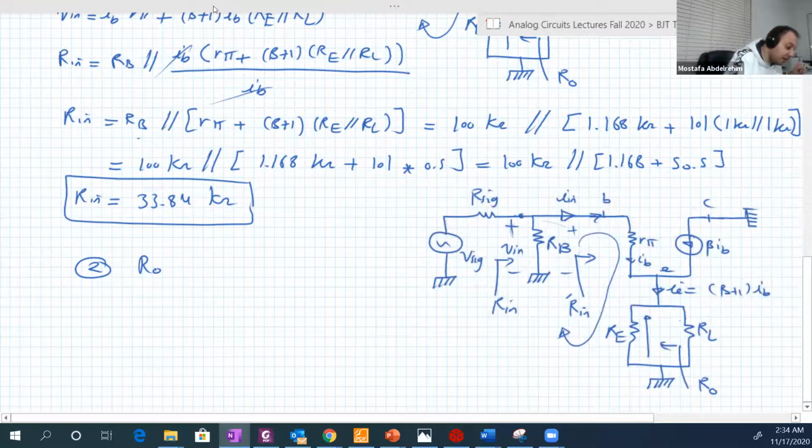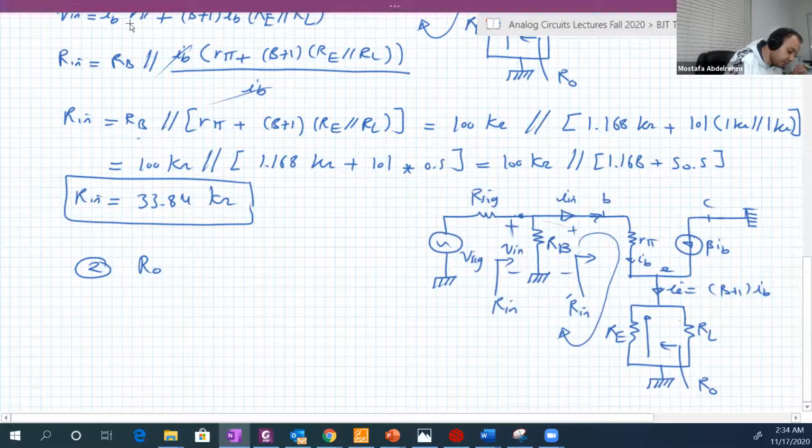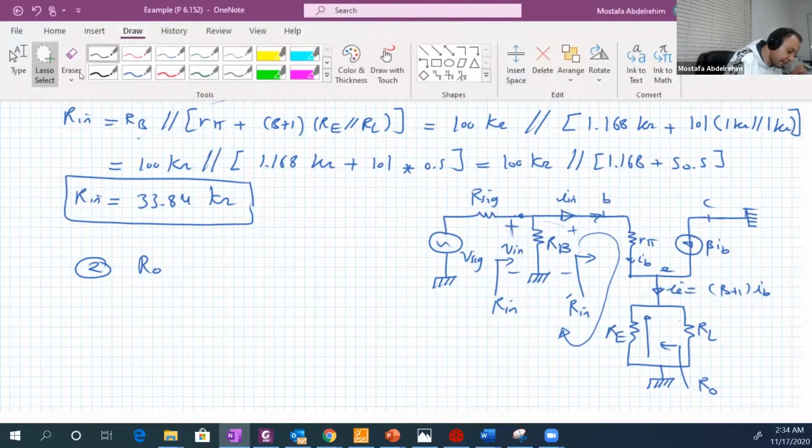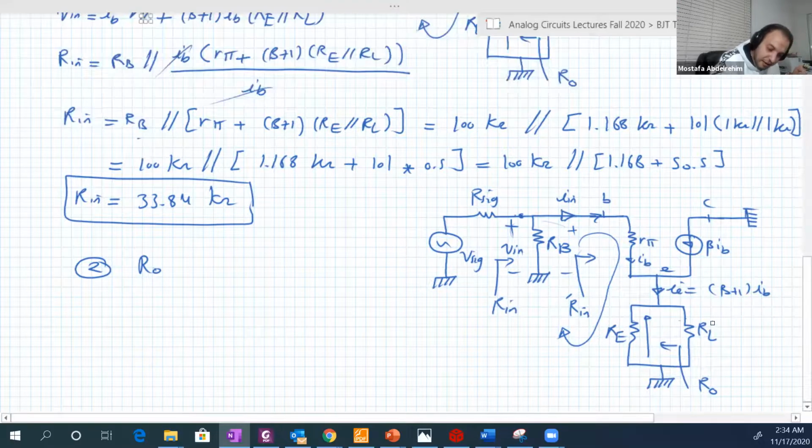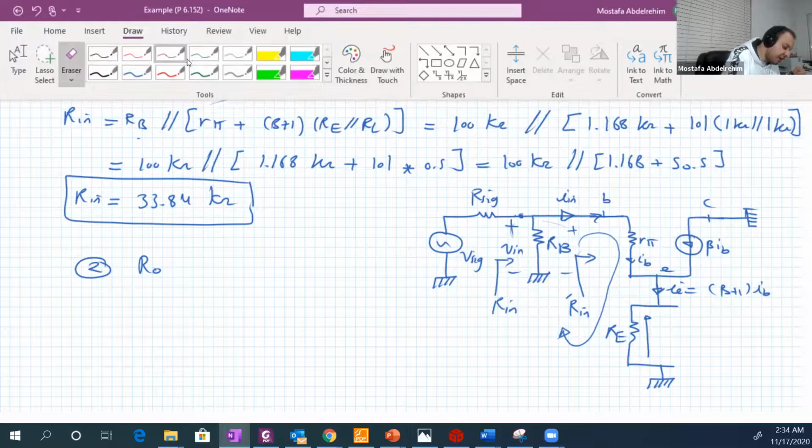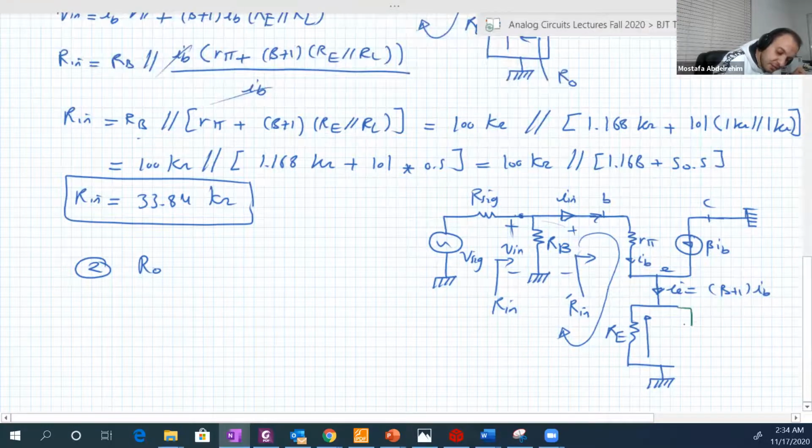So we're gonna remove RL and put testing source VX producing IX.